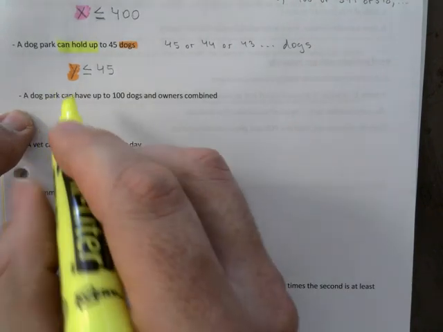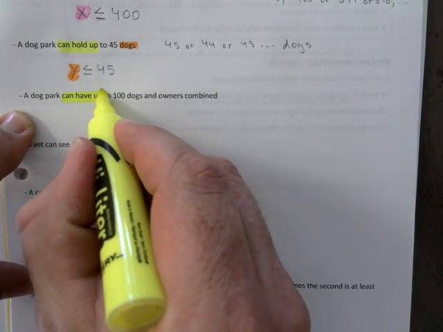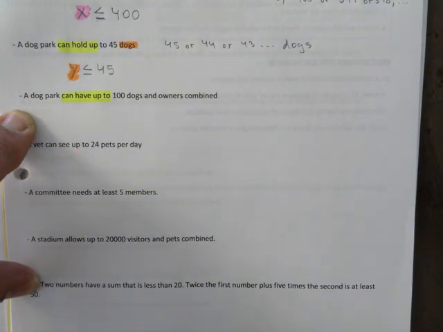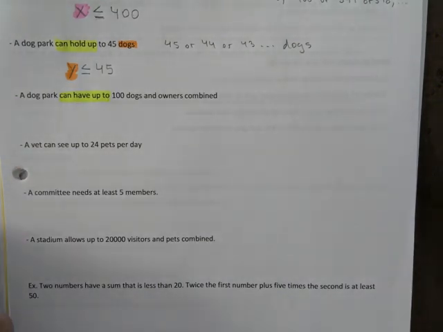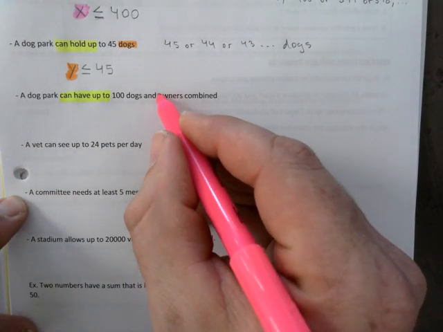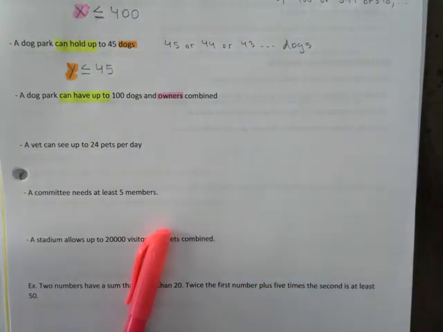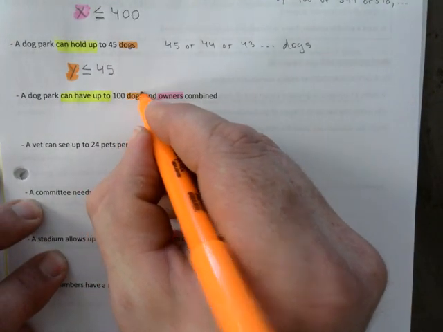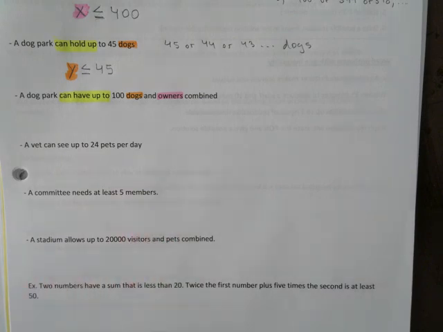A dog park can have up to 100 dogs and owners combined. Uh-oh, okay. So we'll say this, can have up to, then there's your owners, right? People and dogs combined. So this is where I start to insert both variables.